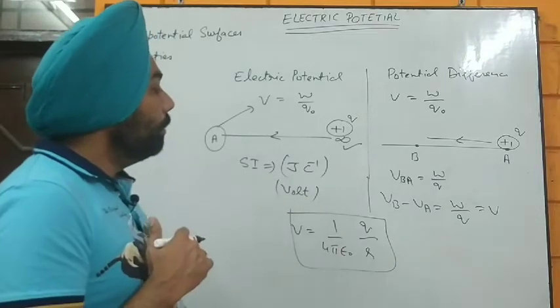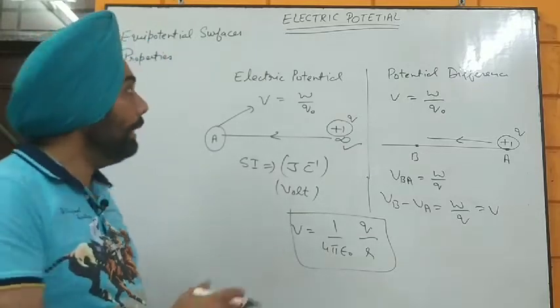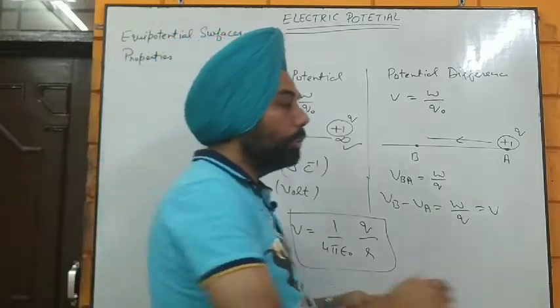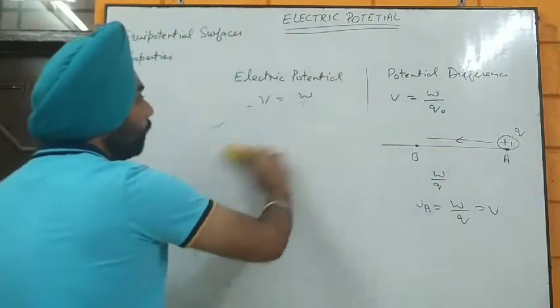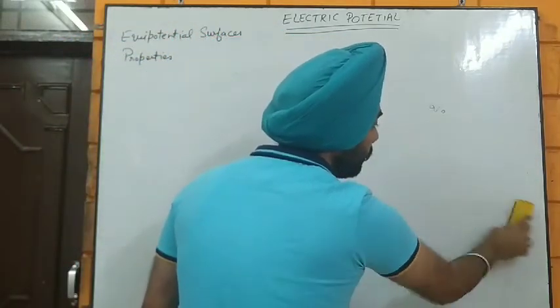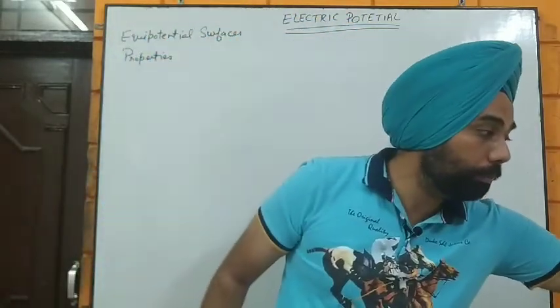Now, one more thing. The next important topic is equipotential surfaces. Now, what are equipotential surfaces? Equipotential surfaces are the surfaces on which at every point the potential is going to be the same.